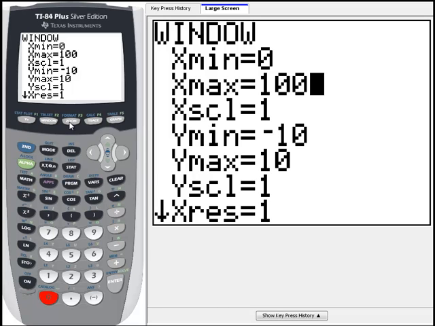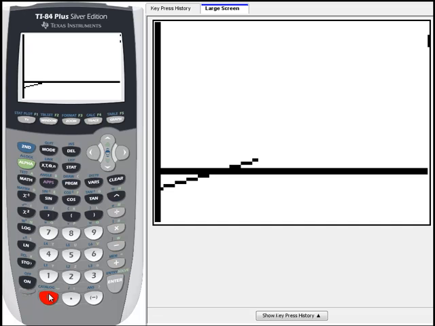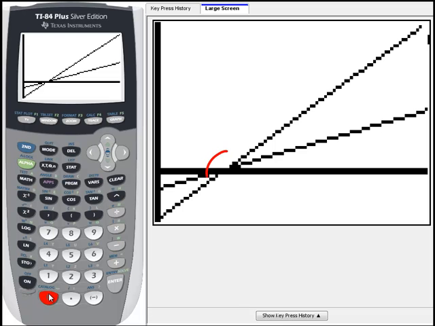Let's have the y-axis figured out by the calculator by going zoom fit. Okay. Something in there. Let's zoom in. We really want to make sure we have positive numbers.